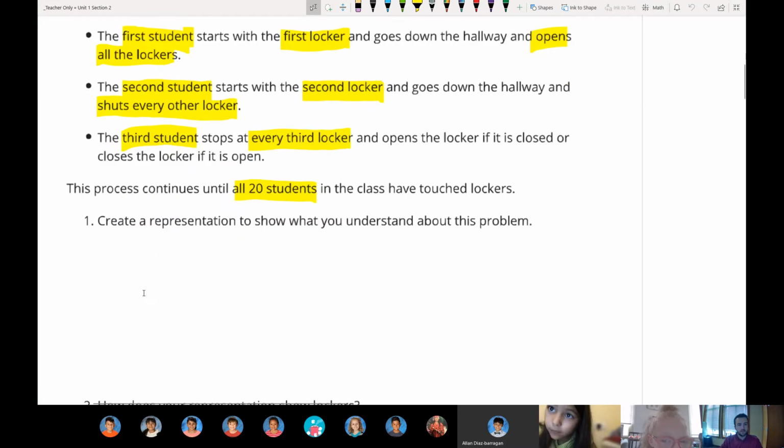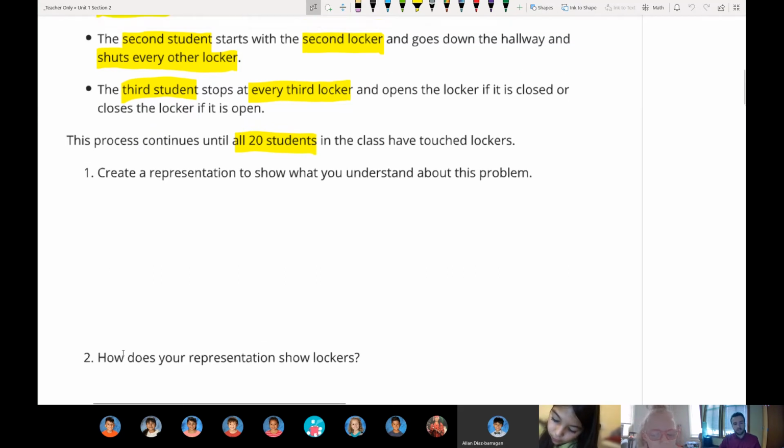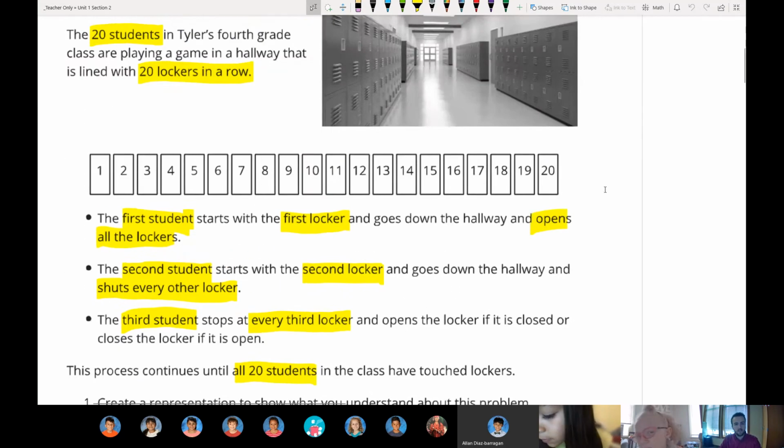So the first question here, our first statement really, says create a representation to show what you understand about this problem. And the second question says, how does this representation show lockers? So how could we, maybe using these 20 rectangles here listed 1 through 20, how could we use that to keep track of what lockers are touched, how often, etc.? How can we keep track of what's going on here? 1 through 20, every single kid touches their locker for their number and does a skip counting for each of those, for whatever it is that they are.